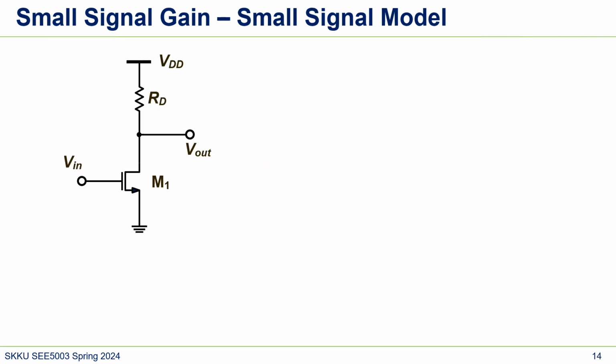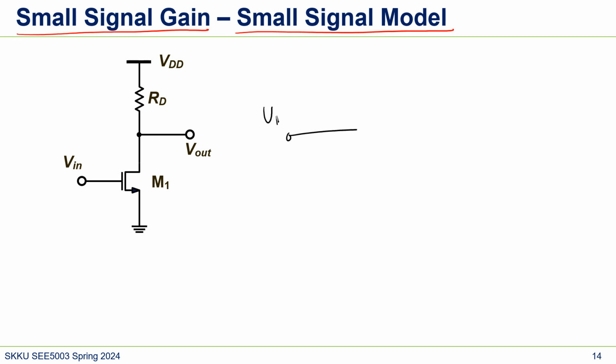Now we're going to calculate the same small signal gain, but from the small signal model. I think this is more important than getting a gain from the previous large signal equation. So let's draw first the small signal model.